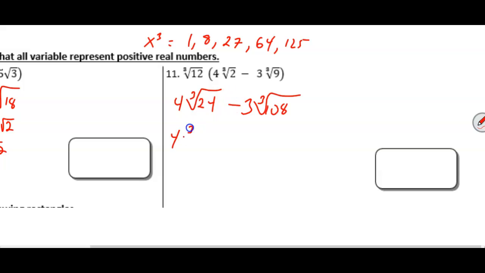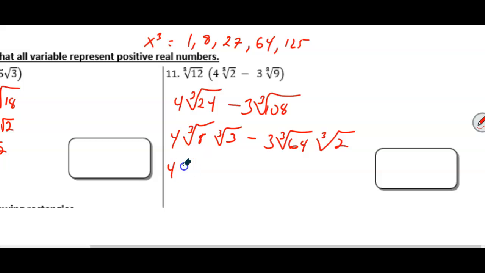So I need a perfect cube factor for 24. I'm going to go 8 times the cube root of 3. That's 24. And then right here, for 108, I'm going to go 64 times 2.